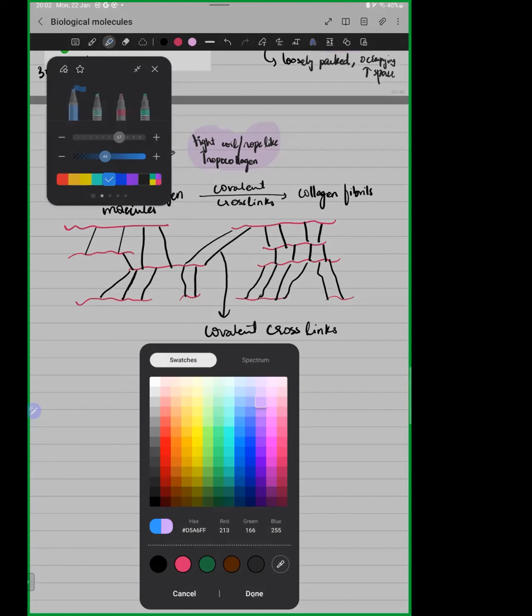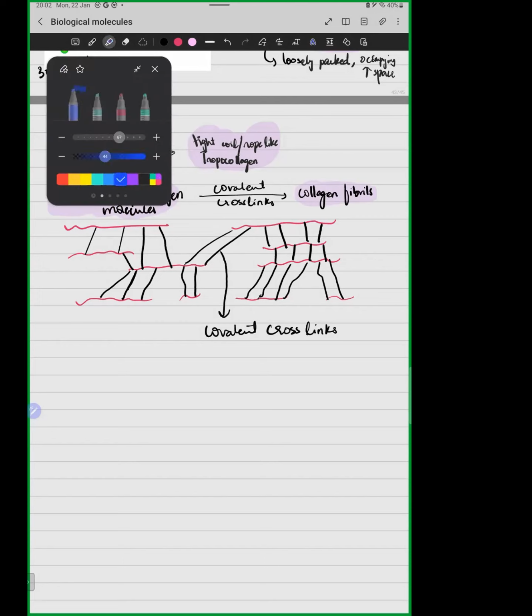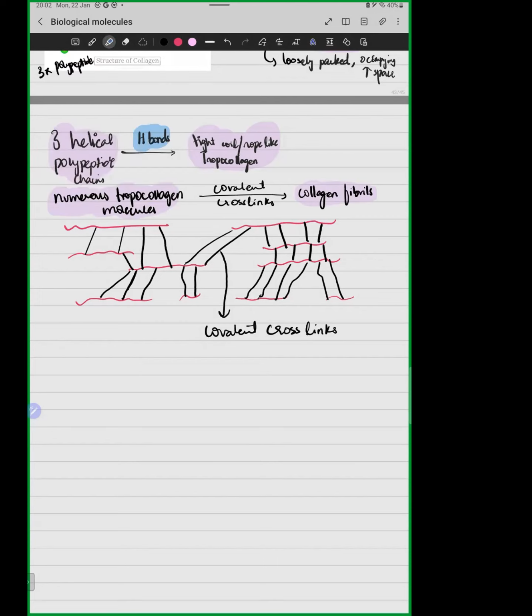Then, once we have formed the tropocollagen molecule, numerous tropocollagen molecules, they interact via covalent cross links to form something known as collagen fibrils. Okay? So we have collagen fibrils, and the bonding between collagen fibrils is what? It's your covalent cross links.